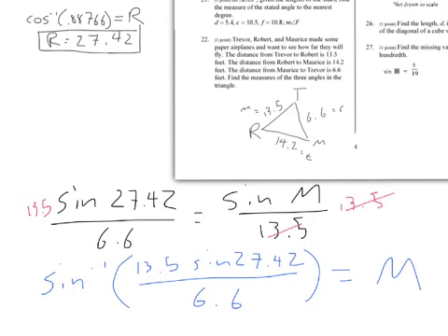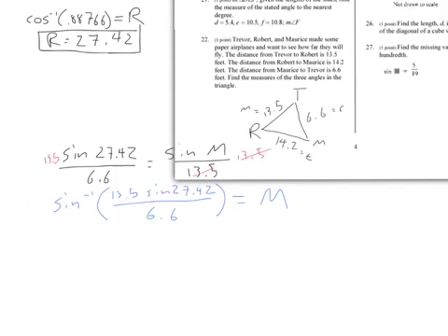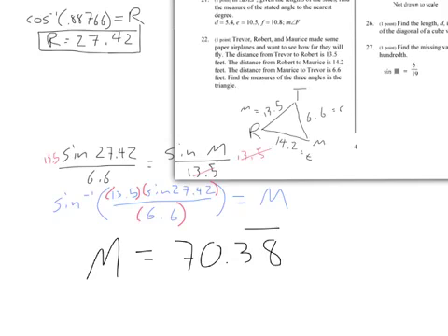So now I'm ready to take it to my calculator. You're going to want to make sure that you put parentheses all over the place, like here and here. My calculator lets me put in a division bar, but you might just have to put in a division sign. I can actually put a fraction in my calculator, but that's not true for every calculator. So when I plug all this in, I get that m equals 70.38.